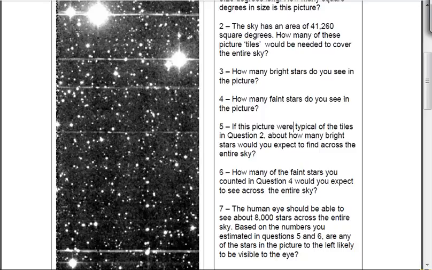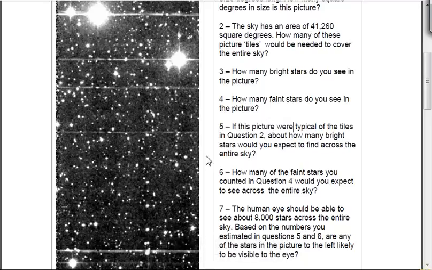Say I were to copy and paste this picture so many times that I build the entire night sky. I'll give you the answer right here: it looks like I'll have 4 bright stars. Well, that's your answer to number 3. So I multiply those 4 bright stars by however many tiles it takes to fill up this entire sky, and that would give me the number of bright stars in the night sky.